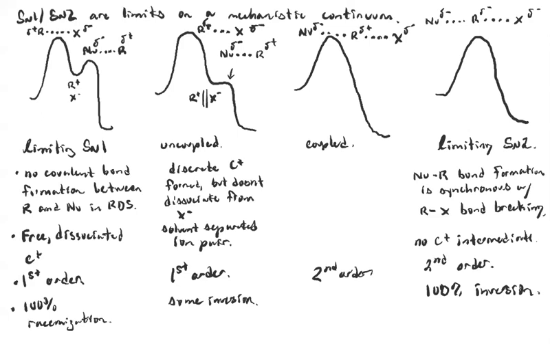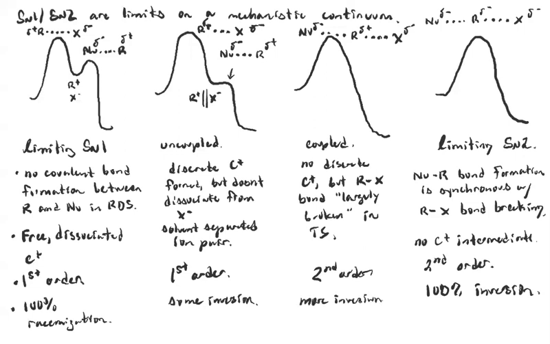And so there's no discrete carbocation, but the RX bond is largely broken in the transition state, okay? And then it's second order, and you're going to get more inversion in this pathway.